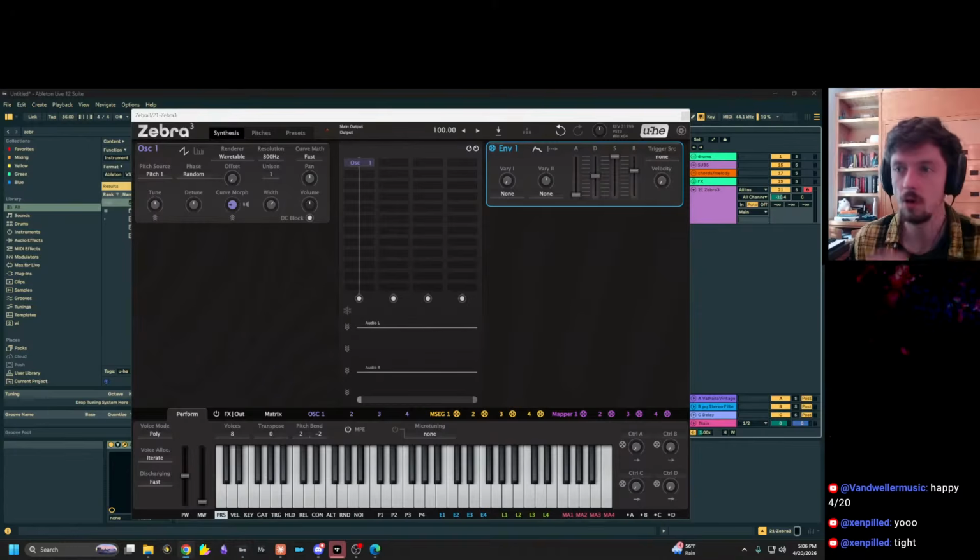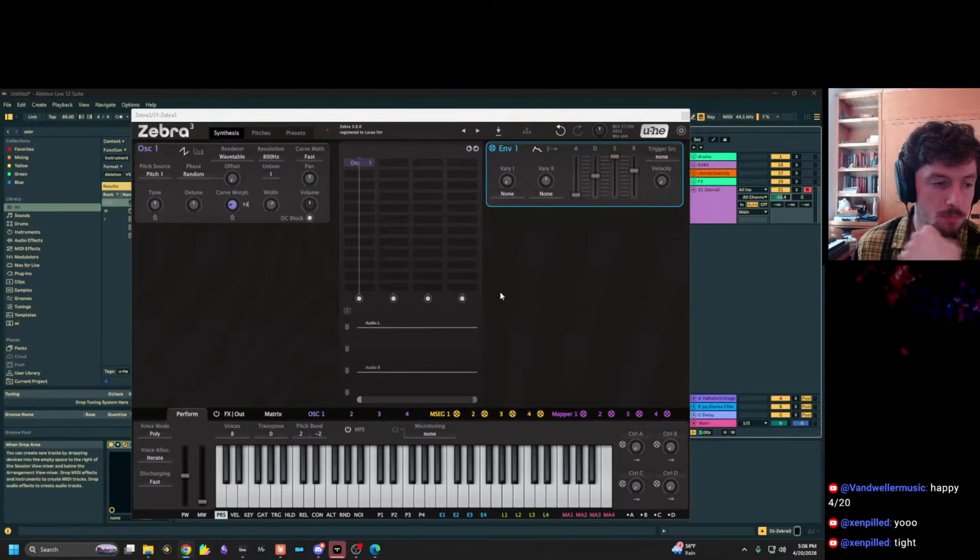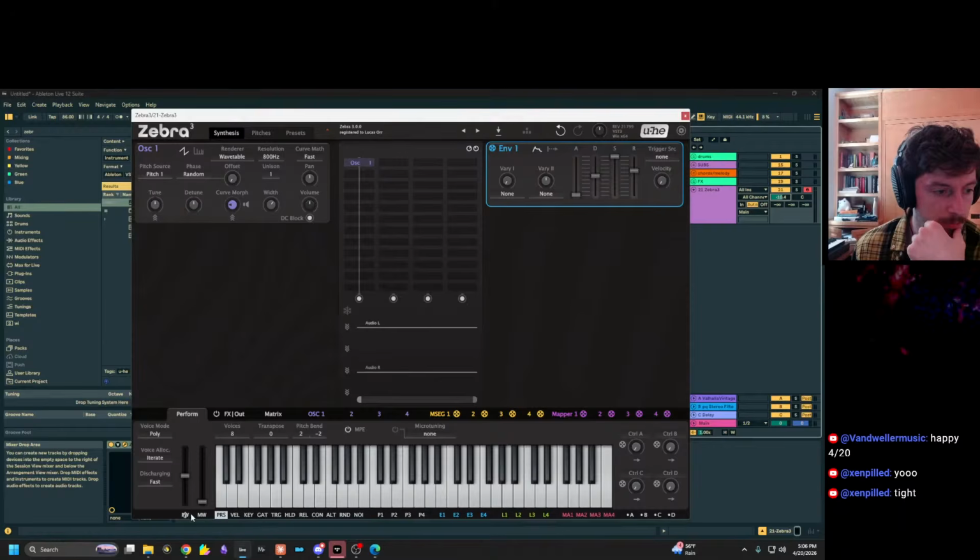I need to find out what the actual additions are. So they added MPE, which hypothetically, if I can get this working right, should work really well with my Osmose. I don't really know how to get it to sound great. I can map pressure. What do we got? We got HLD, hold.